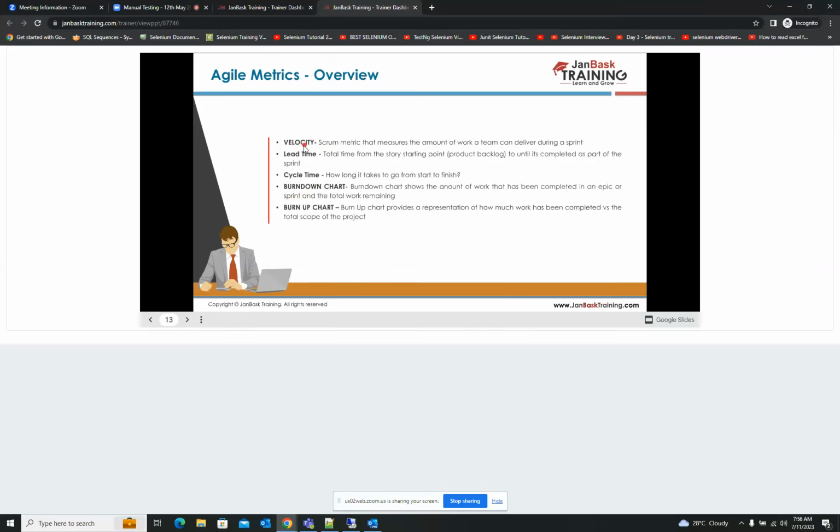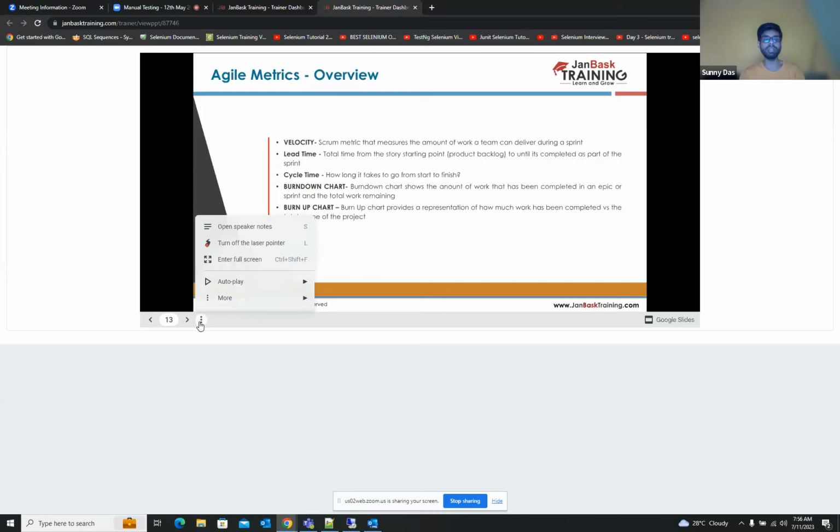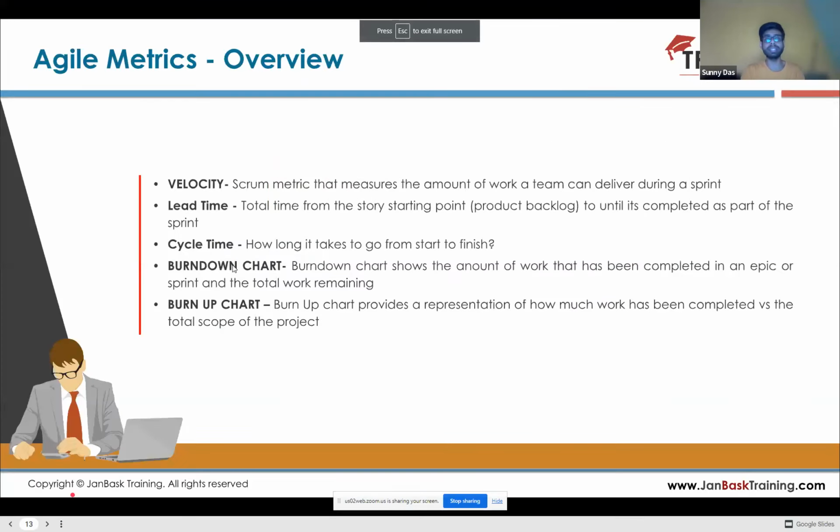Velocity is very important, because if the interviewer is asking you questions regarding agile, they will start with, how do you estimate in your project? If they ask how you do the estimation, you remember what I told you regarding the estimation: it follows the Fibonacci series numbers.